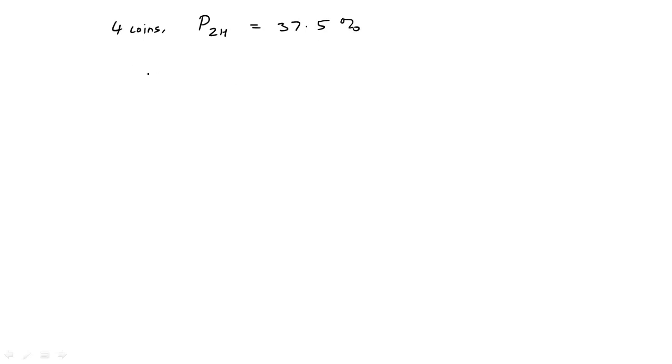Now let's calculate the probability of the most probable distribution for 6 coins. The probability of 3 heads will be 6 factorial divided by 3 factorial squared, that's the total number of ways, divided by 64, 2 to the power of 6, and that comes out to be 31.25%.